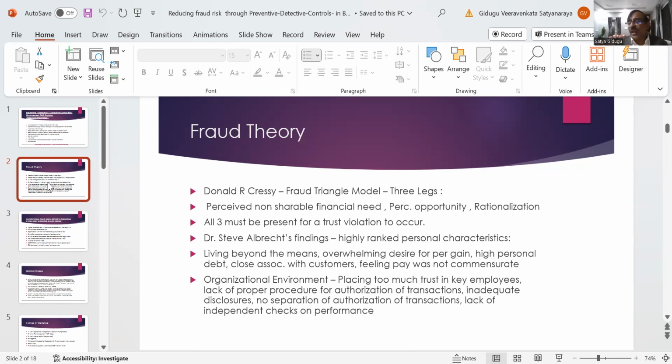I am not saying it applies across the board, but mostly 80% of fraudsters will have these. After interrogation of the fraudsters, 80% to 90% of them were found to have these characteristics, so be watchful of these characteristics.